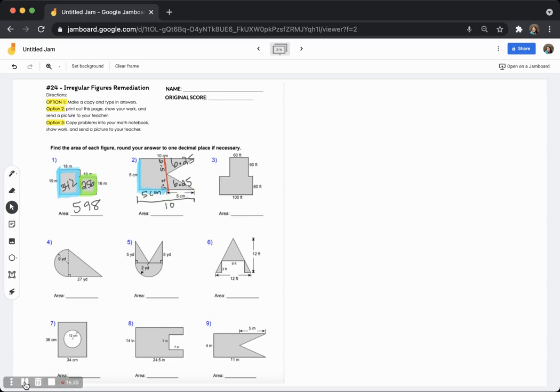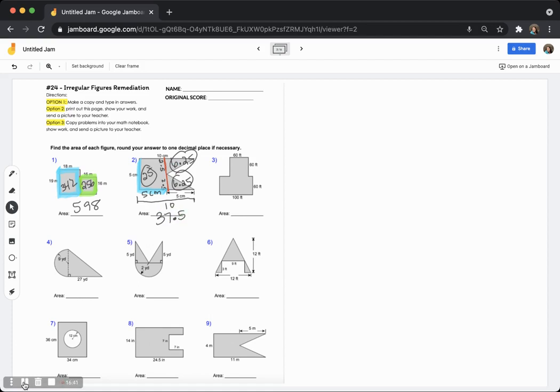So then the square, it's a 5 by 5 square, and 5 times 5 is going to give us 25. So then I have 25, 6.25, and 6.25, and I'm going to add those up. And that is going to give us a total area of 37.5.